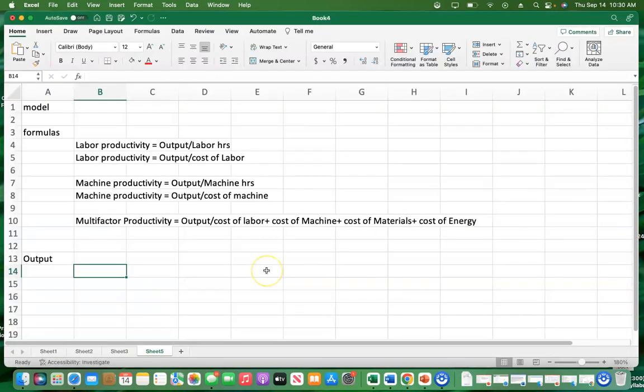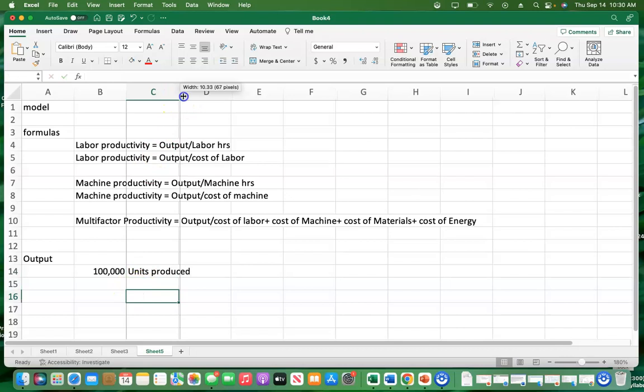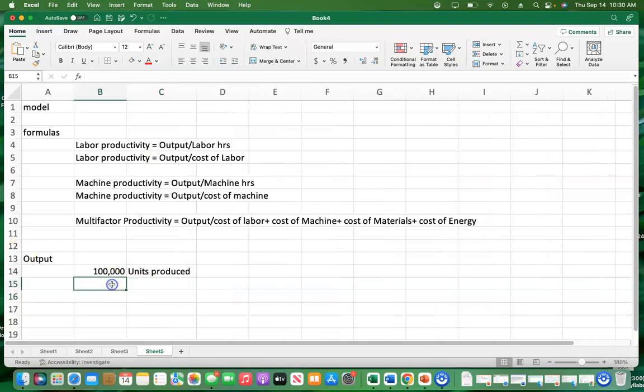In this case, we're going to write 100,000 units produced. That's all with units. We don't have price of units, and therefore we cannot consider revenue in this case. So we will look at output in terms of units only.